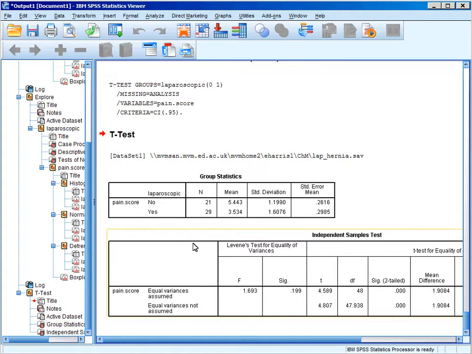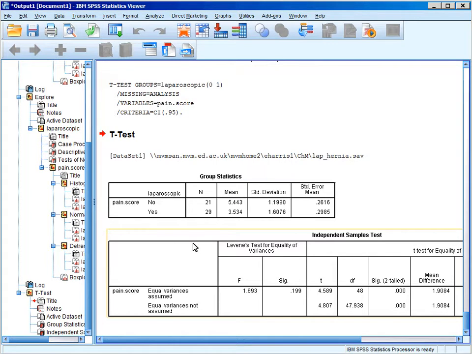Now, the Mann-Whitney U test, I'm not going to get into it in a lot of detail because the details of it don't matter, but you combine the two groups and rank them from 1 to, in this case, 50. So that's in the combined groups, where pain score of no and yes are all combined, and you put the pain scores in order from the lowest to the highest.